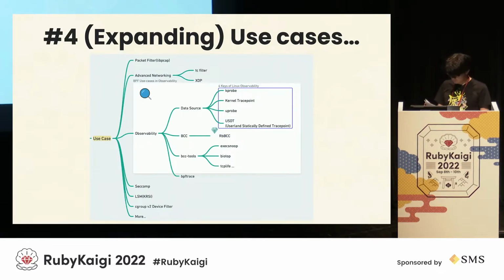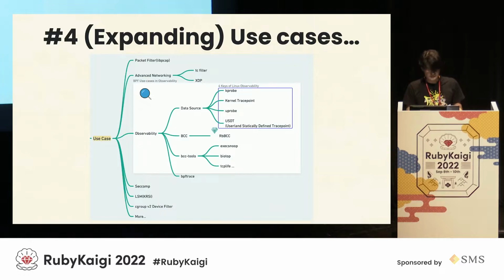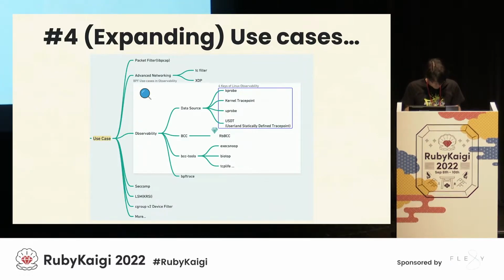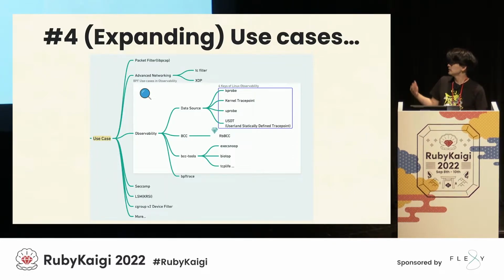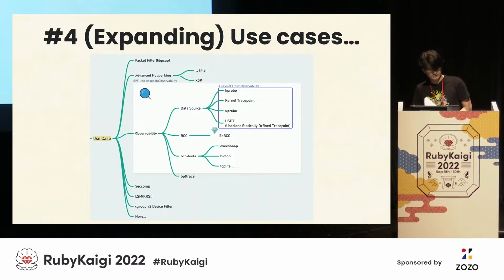So let's look into its use cases. BPF is now used in many aspects of systems, such as original packet filtering, advanced networking configuration, kernel modules such as LSM, cgroup, and more.